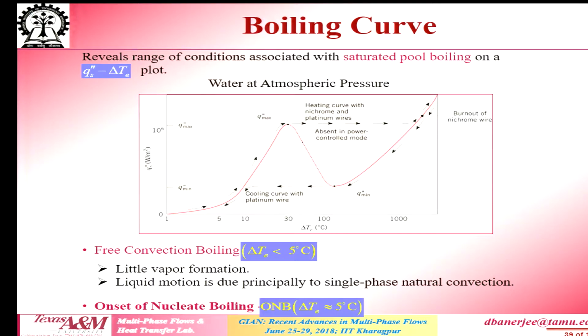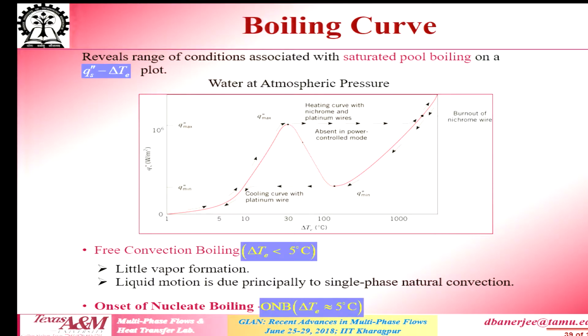What you will see is initially you are in the natural convection regime, and then the heat transfer goes up, where your Q is almost linear in delta T. But once the bubbles start forming and it is in a pretty stable mode of boiling, then your heat transfer is actually proportional to delta T cubed, until it hits the maximum heat flux point.